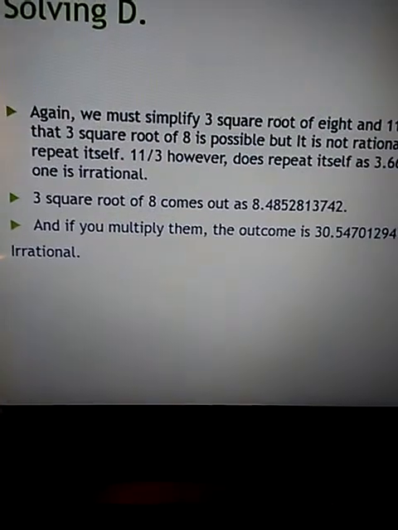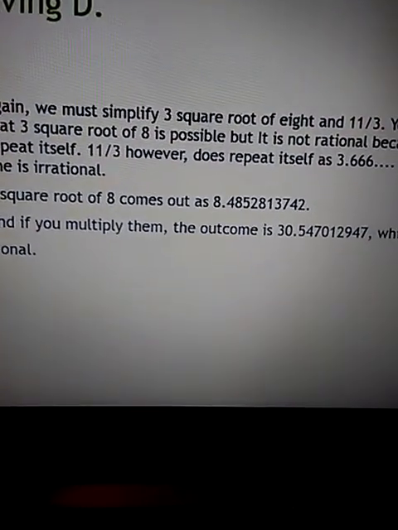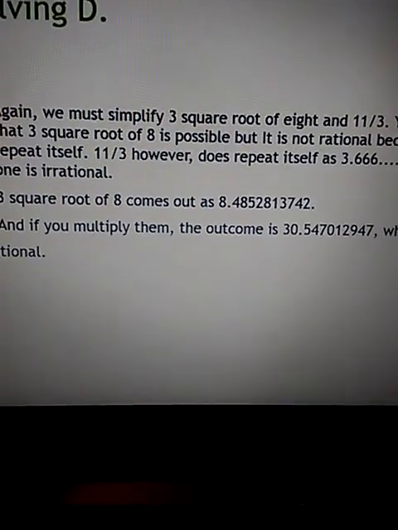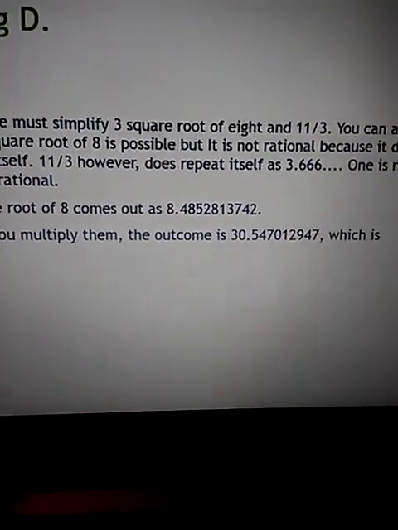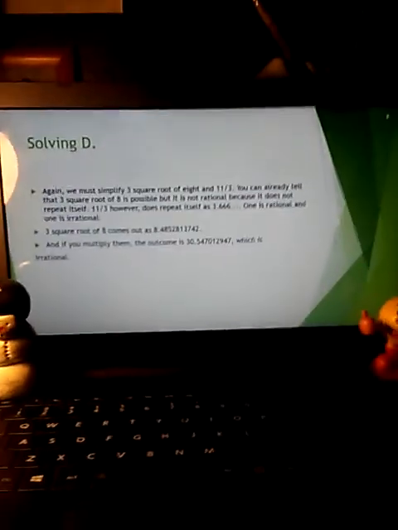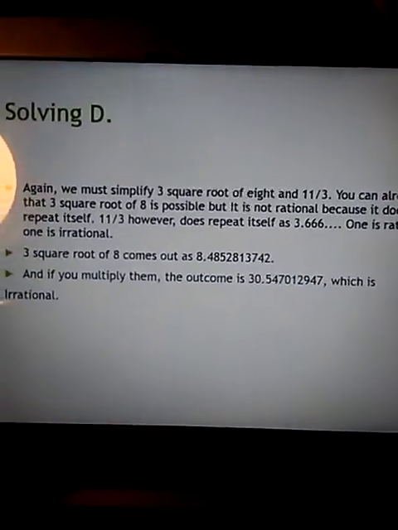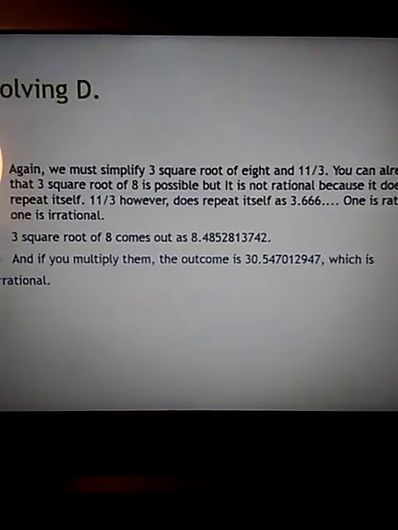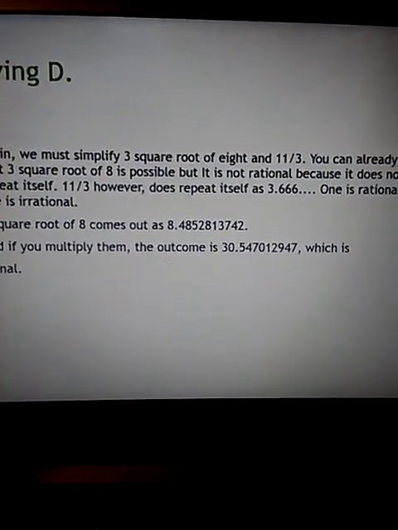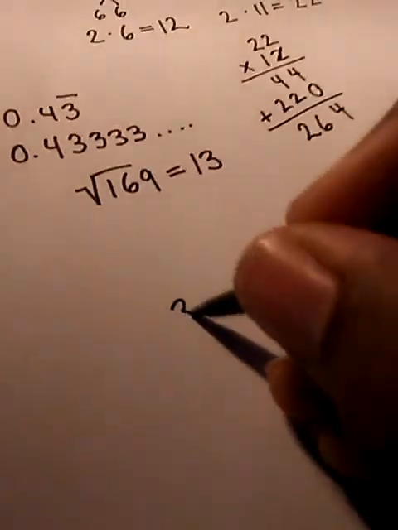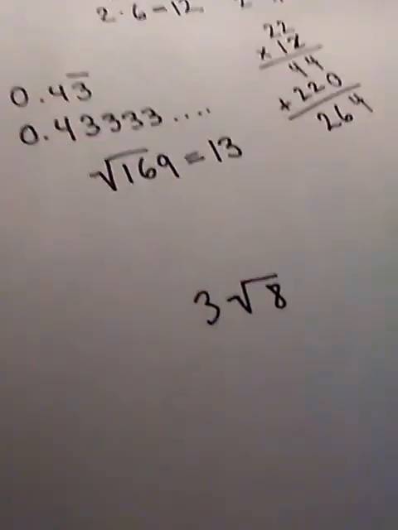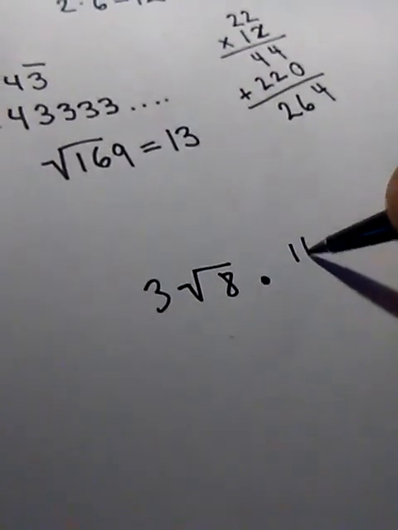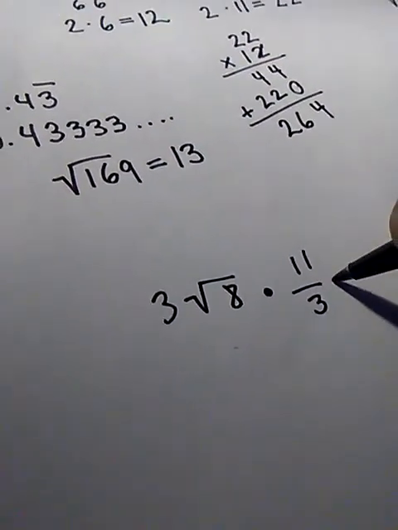And if you multiply them, the outcome is 30.547012947, which is irrational. So basically, we've already found our irrational answer by multiplying 3 square root of 8 and 11 over 3.